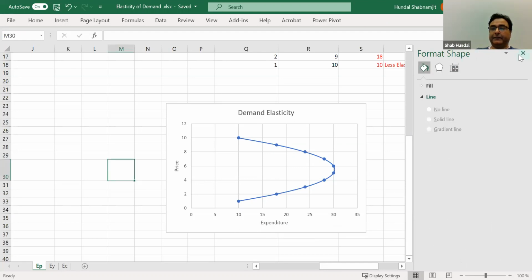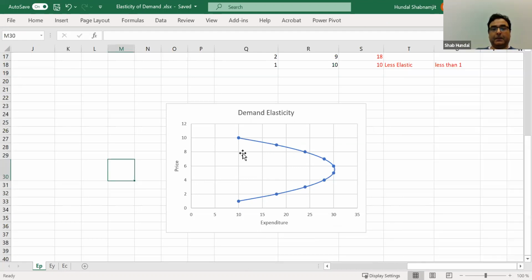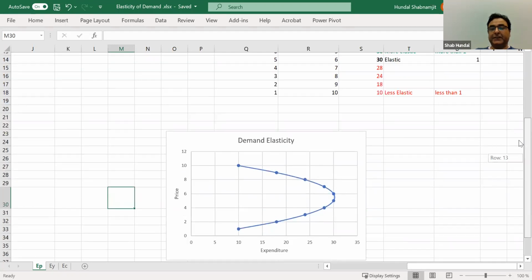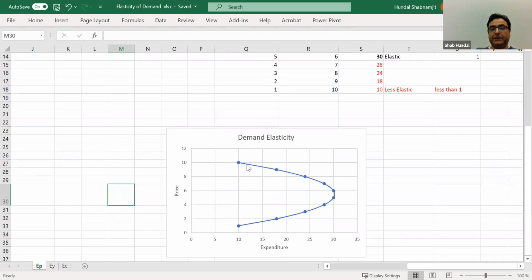If this is the case, you can see that the price falls, but when the price falls, the expenditure is increasing. Can you see here? The price is falling, but the expenditure is increasing. So this is where the elasticity of demand is more than 1. And then look at these 2 points.